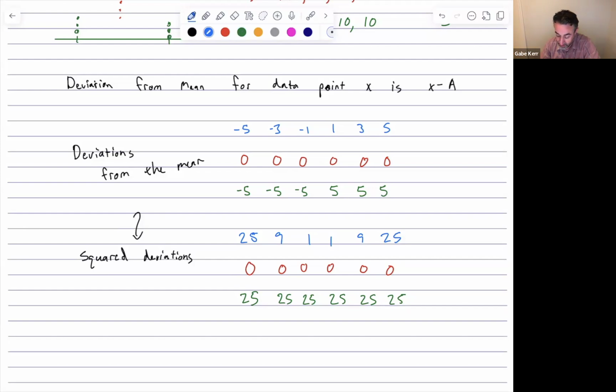Well, we can see that we'll get 9 plus 1 here is 10, plus 25 is 35, and then 35 times 2 is 70. So if we take the average here, we will get 70, and our data set had 6 numbers in it, so this will give us 70 over 6, which is 11 and 2/3 or something around there.